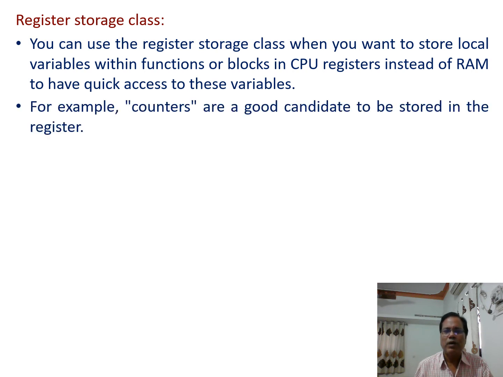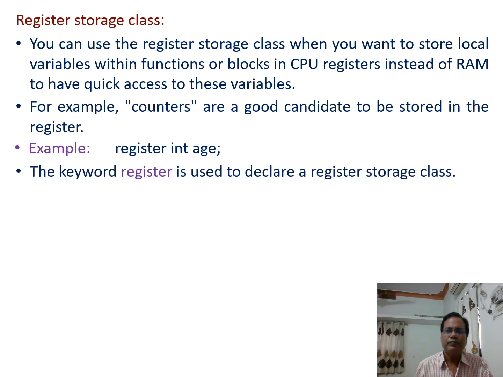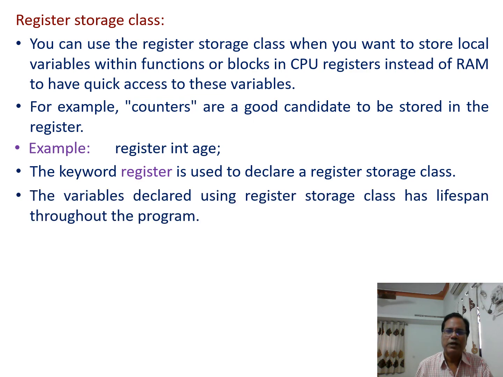For example, counters are good candidates to be stored in a register. So any variable used for counter purposes should be declared with the register storage class. For example, register int age. So here we use the keyword register to declare a variable in the register storage class.